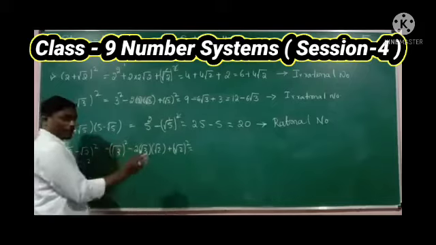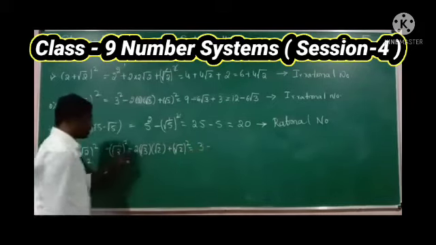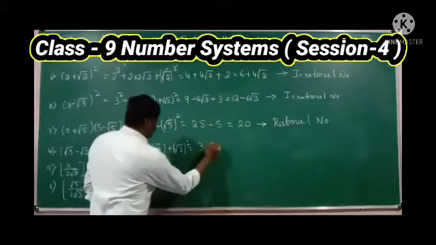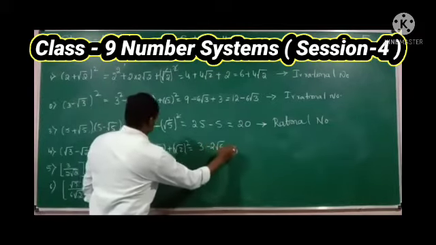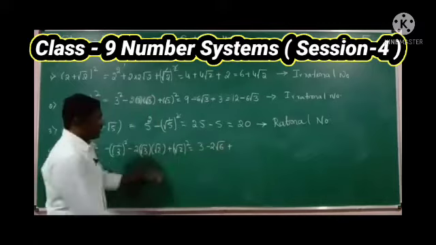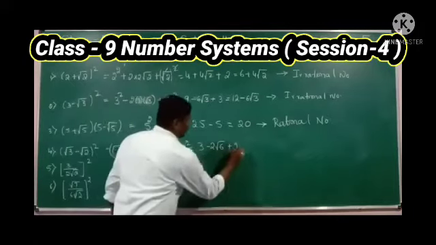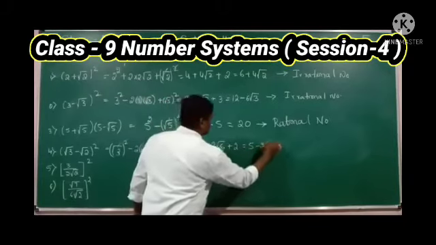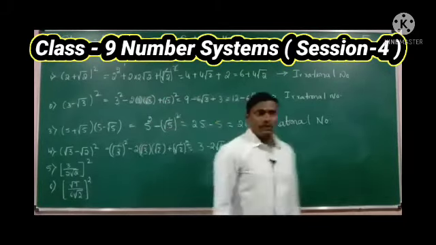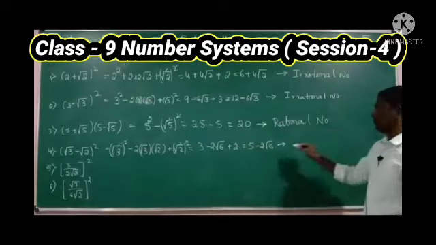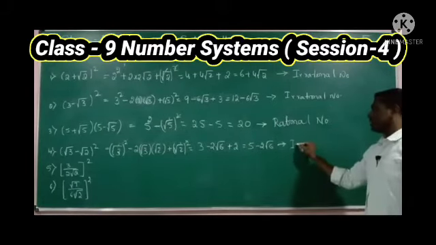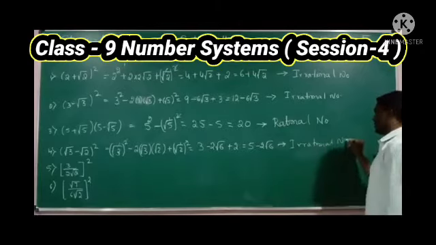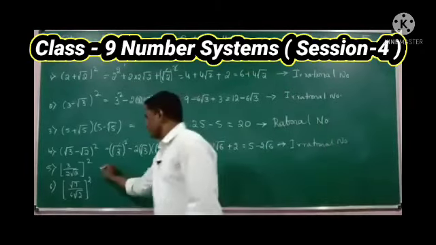Square and root get cancelled, remaining 3 minus 2 root 6, plus again square and root get cancelled, remaining 2. So 3 plus 2 is 5 minus 2 root 6. Is this a rational number or irrational number? Irrational number.